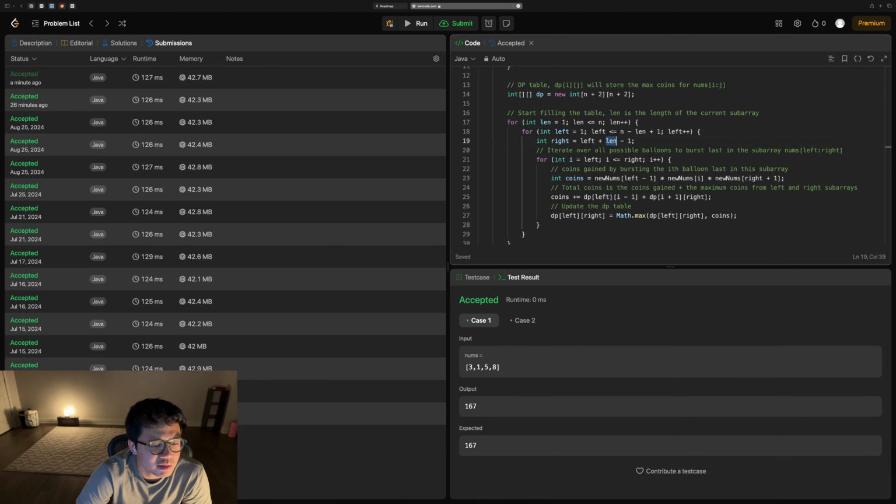Why length minus 1? This is my question. I feel like there's a cleaner way to write this.